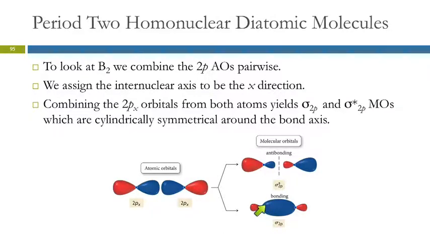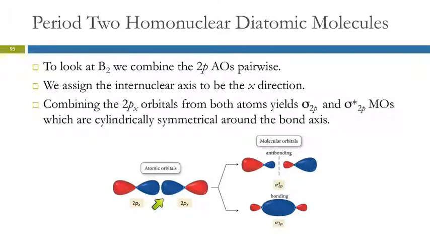When you add them together, here the blue and the red represent different phases. So the blue phase on top of the blue phase, then the blue phase grows. This part between grows. That's a bonding orbital. It's going to be lower in energy. We have a lot of electron density between the nuclei that's going to hold them together.